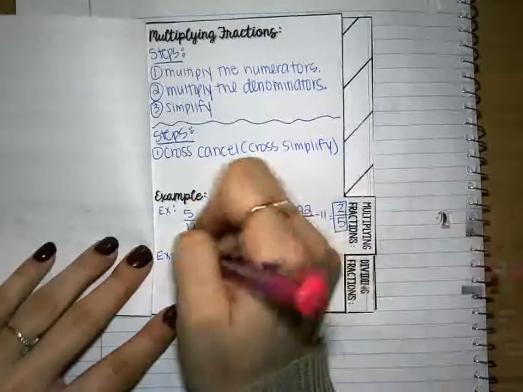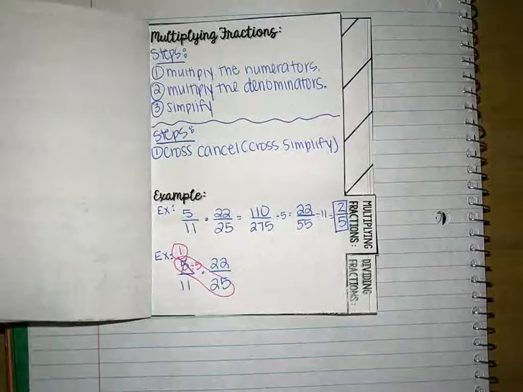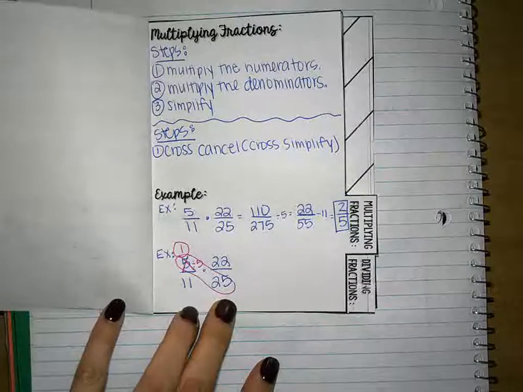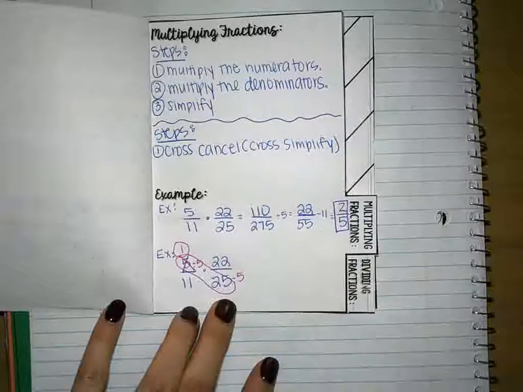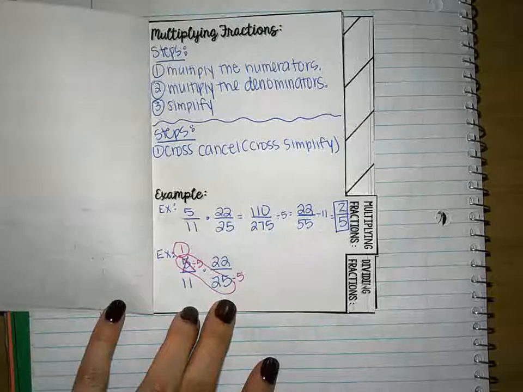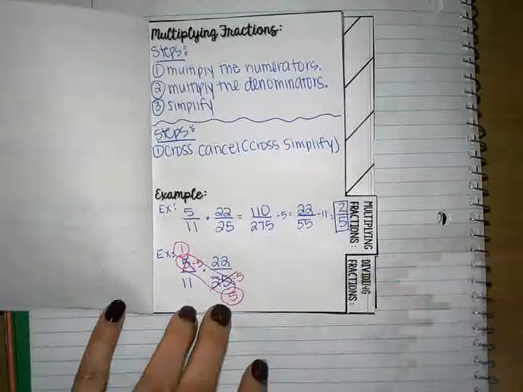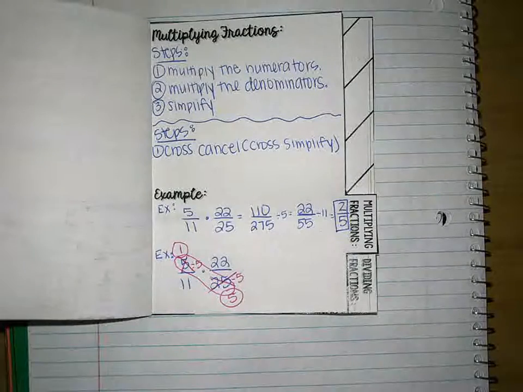So I'm going to cross out the 5 and it becomes a 1 and I'm going to circle it. That is my new numerator. Then I'm going to do 25 divided by 5. Well, what's 25 divided by 5? 5. So I'm going to cross out the 25 and write a 5 and circle it. That is my new denominator.